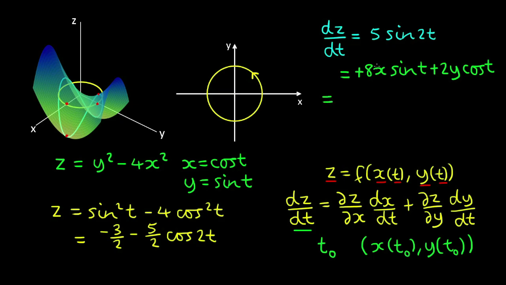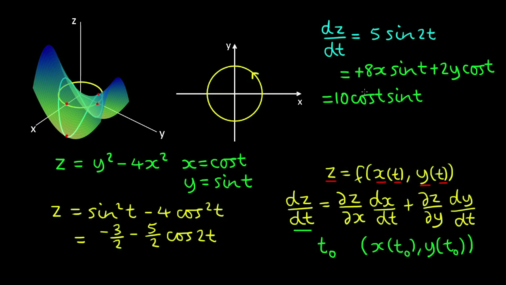Now we can substitute for x, so that gives 8 cosine t sine t, and substituting for y, we get plus 2 sine t cosine t, so that gives 10 sine t cosine t.